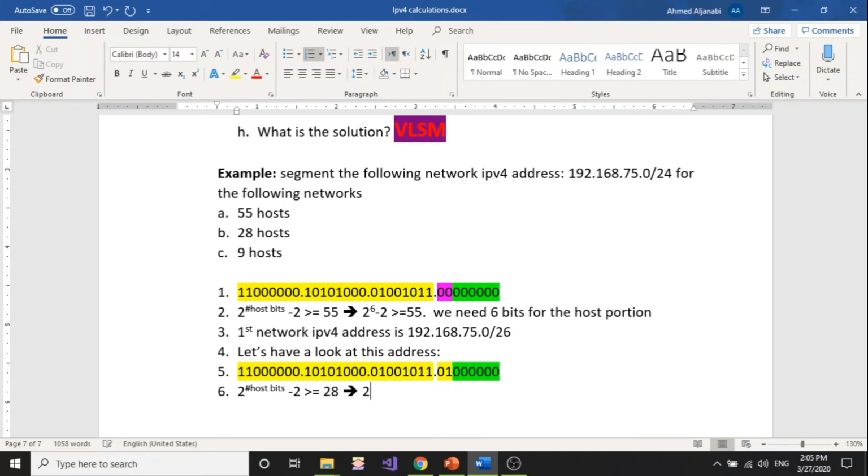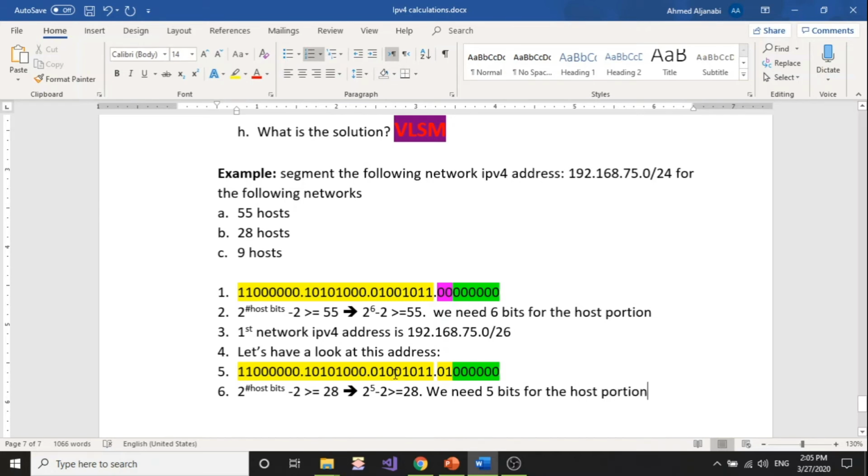So 2 to the power of 5 minus 2 is basically greater or equal 28. I'll just fix this 5 here. Go to the power. And then we need 5 bits for the host portion.